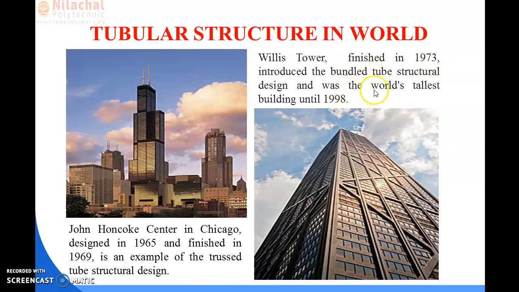It was the world's tallest building until 1998, and after 1998 Burj Khalifa is one of the tallest buildings in the world. The next figure is the John Hancock Center in Chicago. It is situated in Chicago and was completed in 1969.